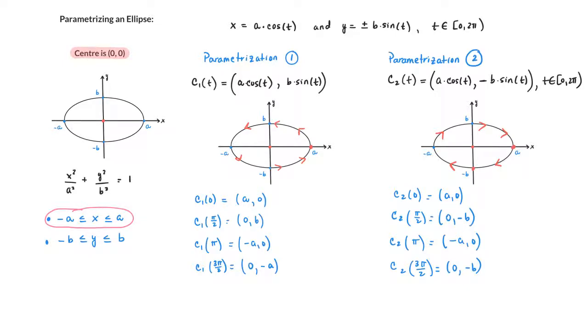This is the one that you're going to see in most textbooks in discussions about the parametrization of an ellipse. The one with the negative is cute, but it's just added complication because of that negative. So it is the one with the positive y that tends to be used the most as the parametric equations of an ellipse. So that's the one that we are going to use mostly in these discussions.